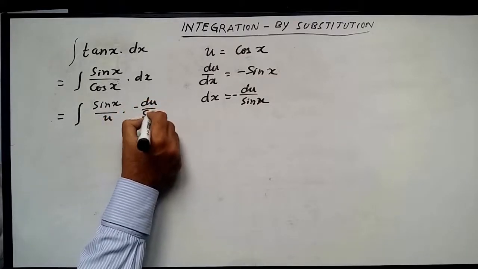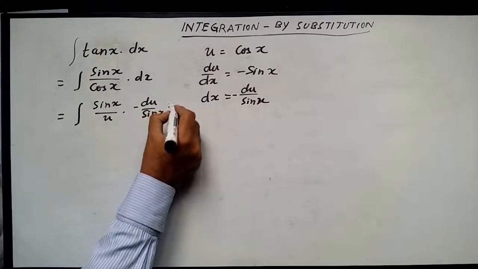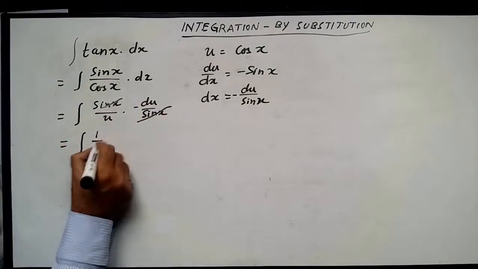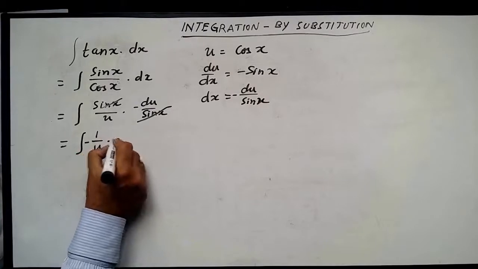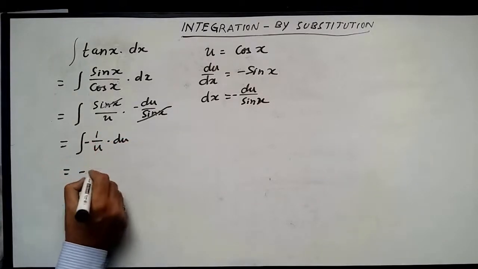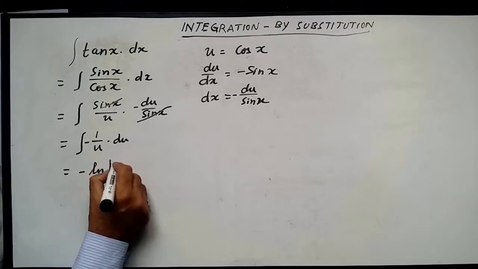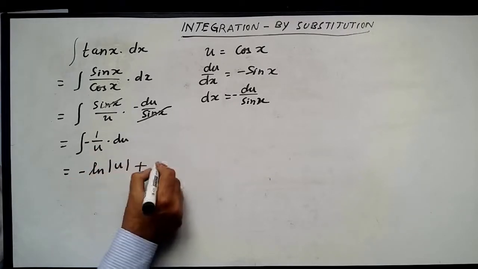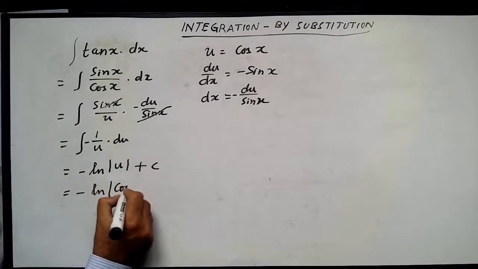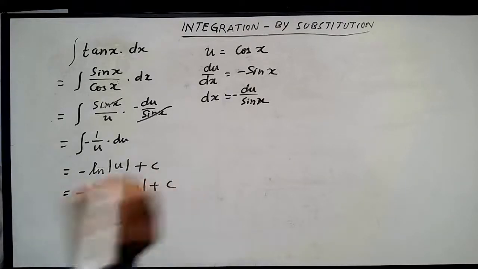Minus du by sin of x. Okay, so sin of x and sin of x cancel. Again we get a very simple relation, minus 1 by u du, and as we know, integration of 1 by u is ln of absolute value of u plus c. So this becomes minus ln absolute value of cos x plus c.